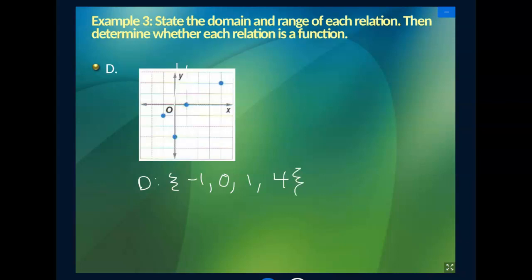The range are the y coordinates. So you start in the bottom row. So that's at 1, 2, 3, negative 3. Then you have a point at negative 1, 0, and 2.